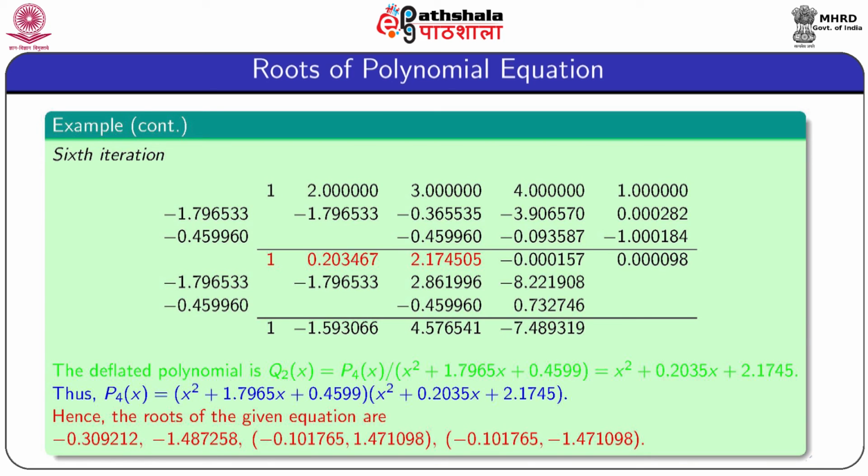Thus, the roots of the given equation are minus 0.309212, the second root is minus 1.487258, and two other roots are complex. The first complex root is minus 0.101765 plus i into 1.471098, and the other complex root is minus 0.101765 minus i into 1.471098, where i is the imaginary quantity, nothing but root over minus 1.